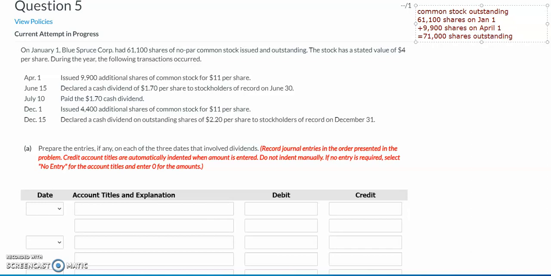So in this problem, it only tells you that you need to prepare the entries for the 3 dates that involve dividends. But as a review, I'm going to include the journal entry for recording this transaction.